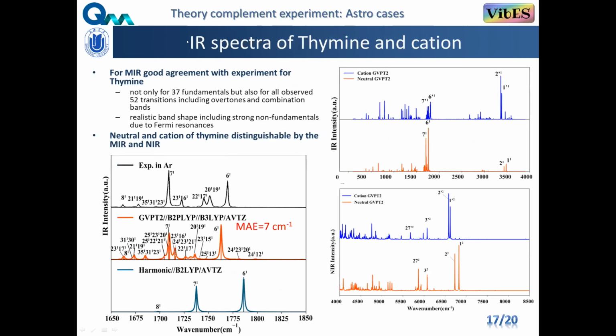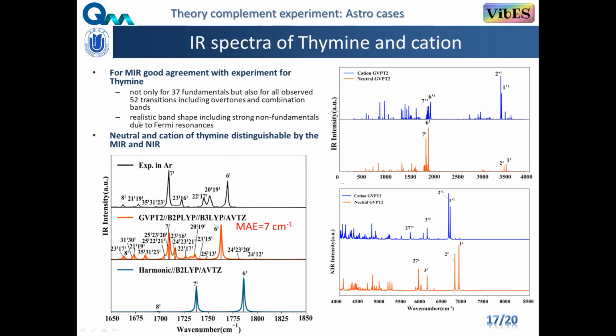So if we look at the infrared spectra, where we can compare with experiments, for thymine, for which we have some experimental data, we are getting very good agreement within 7 reciprocal centimeters, not only for fundamental bands, but also for all observed transitions, including overtones.